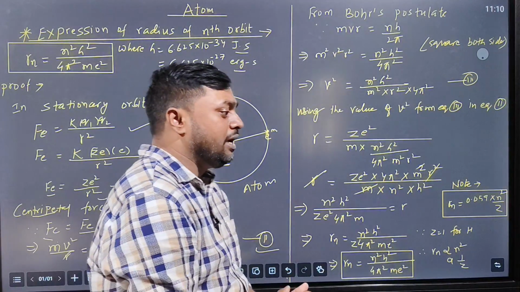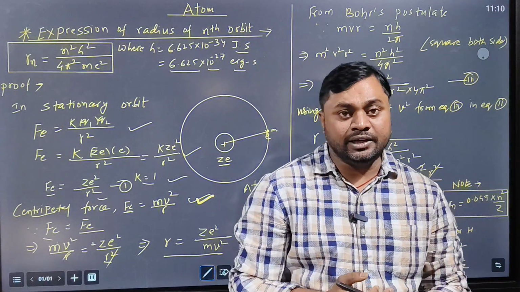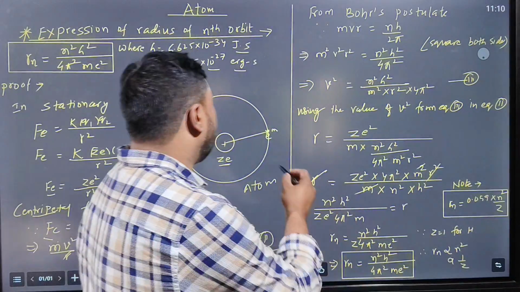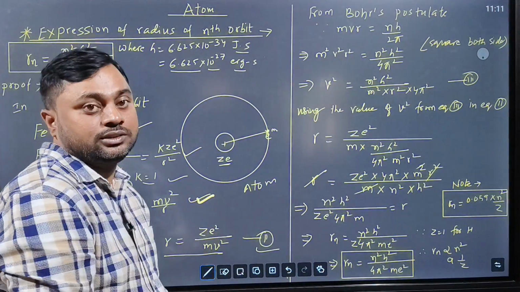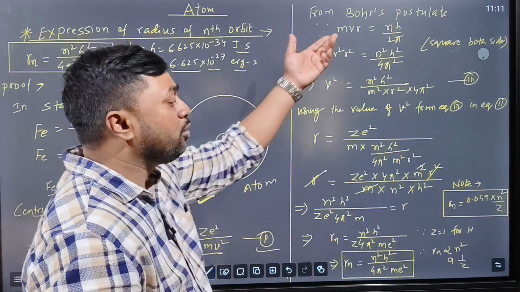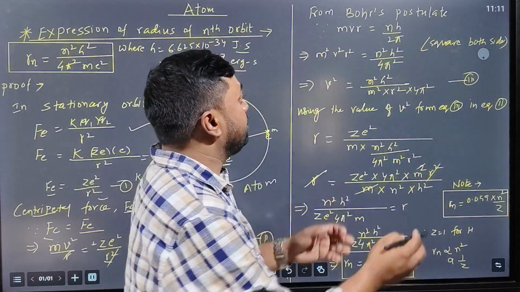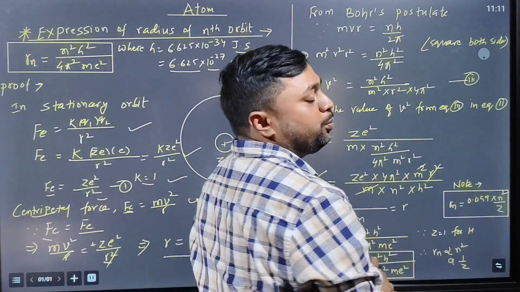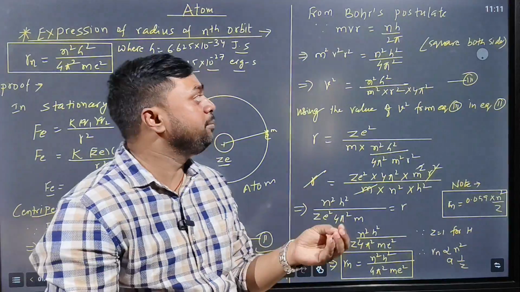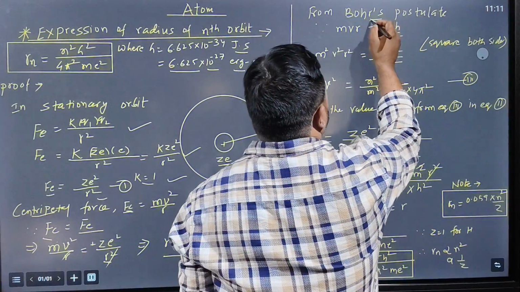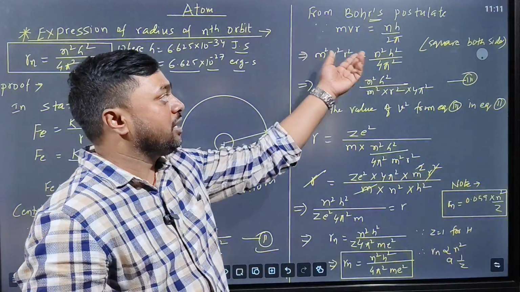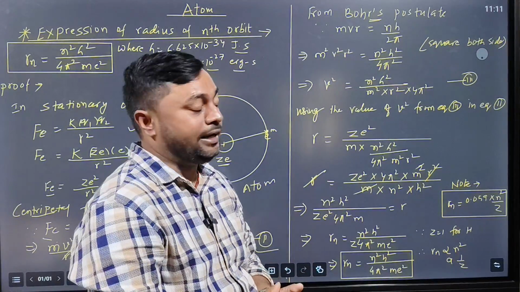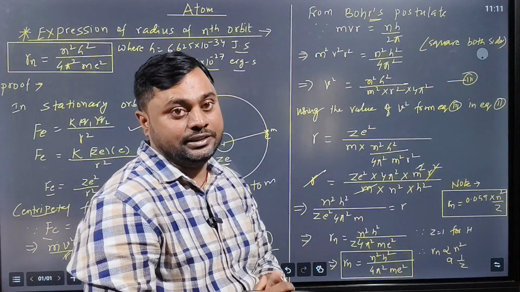Now try to understand: according to Bohr's atomic theory, whenever the electrons are revolving around the nucleus in a circular path, its angular momentum, that is mvr, is equal to nh by 2 pi. This is one of the important postulates of Bohr. So mvr is equal to nh by 2 pi. Now square both sides.